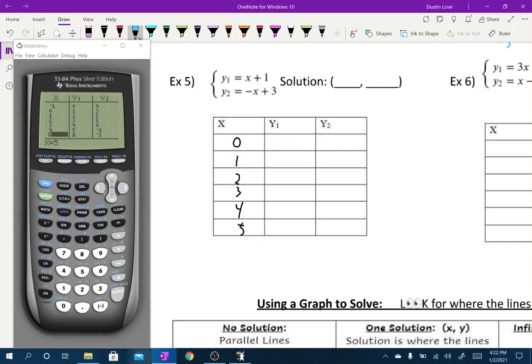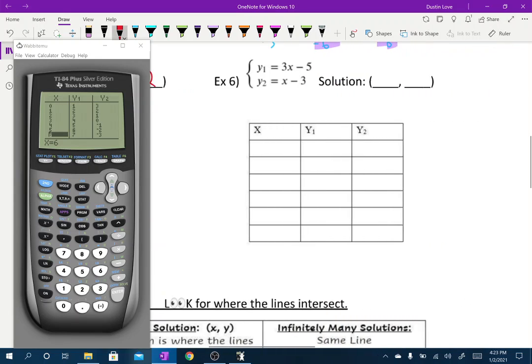For y1, my values are starting at 1, 2, 3, 4, 5, 6. And then y2 was 3, 2, 1, 0, negative 1, negative 2. And the answer I'm looking for is a place where they are equal. So my solution is at 1, 2.